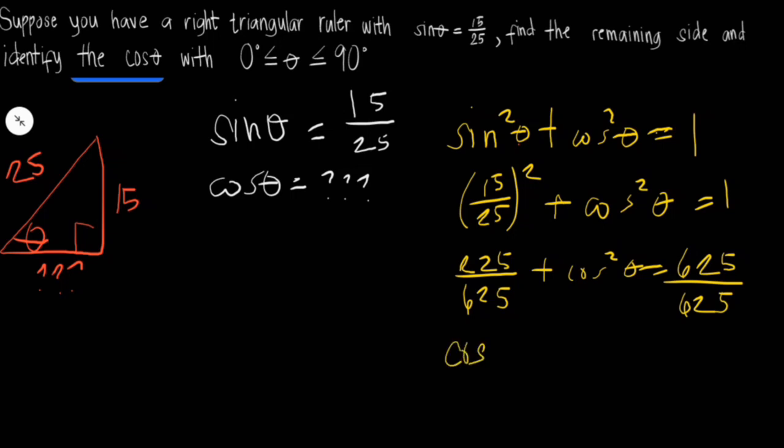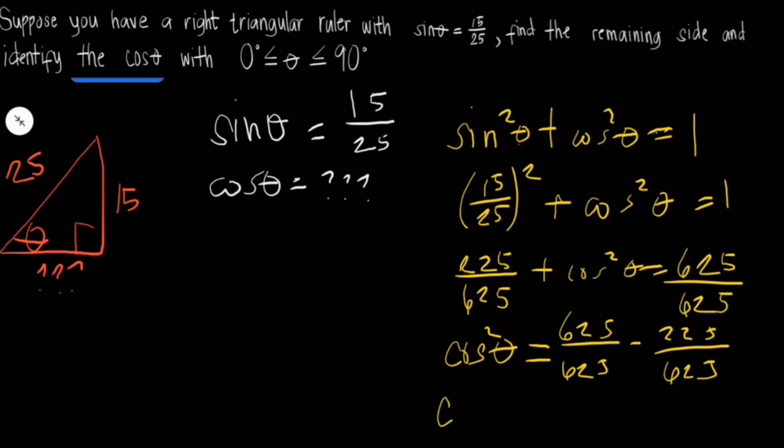So cosine squared theta is equal to 625 over 625 minus 225 over 625. So 625 minus 225 is equal to 400 over 625.